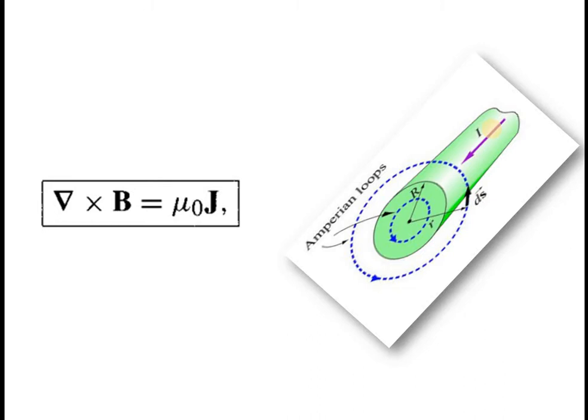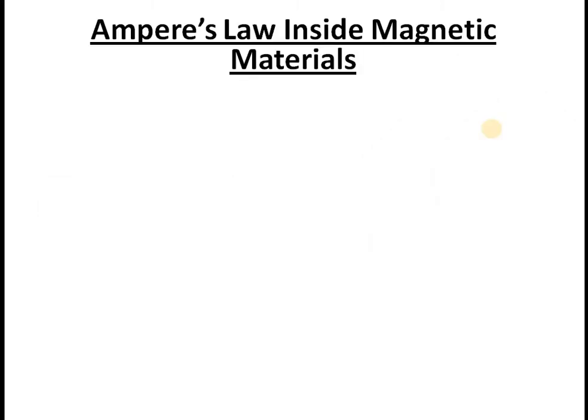In our previous talks, we used a simple copper wire. We had only free electron current. But in this case, you have a magnetized object, so it consists of both free electron current as well as bound current. There may be surface bound current, there may be volume bound current, as denoted by the notations shown in the previous module. So how will our equation be modified? That is the question.